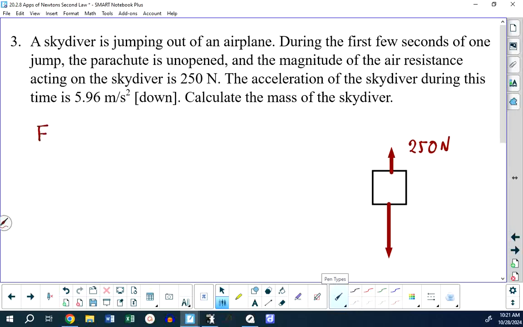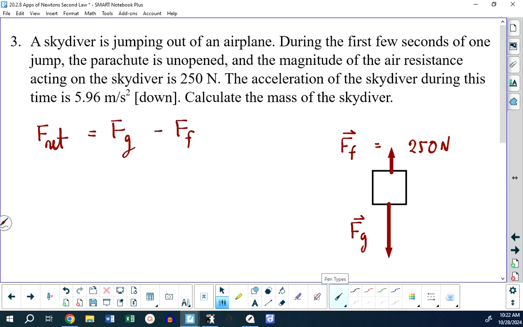I'm going to look at my diagram now. I guess I should label this. This is the force of friction. And this is the force of gravity, whose value we don't know. We don't know the force of gravity because we don't know their mass. So the net force in this case will be the force of gravity minus the force of friction.